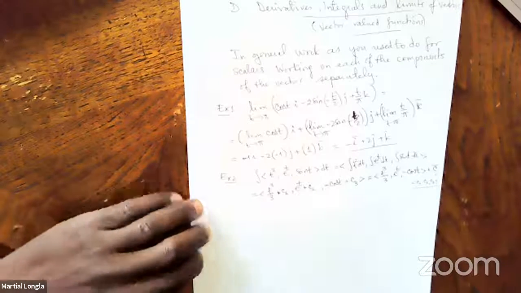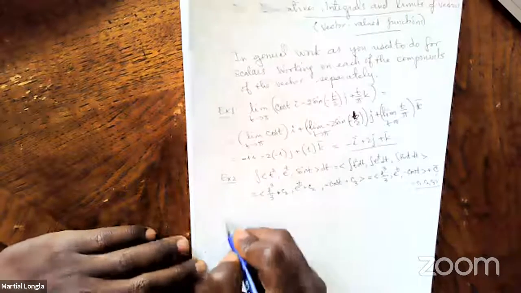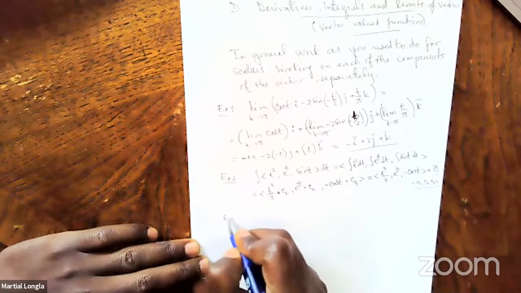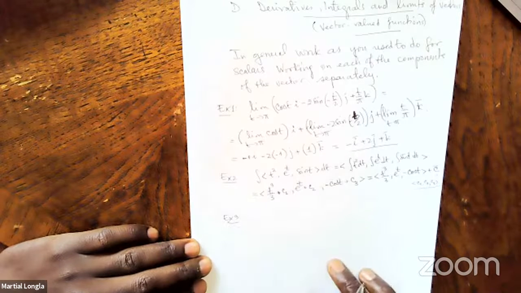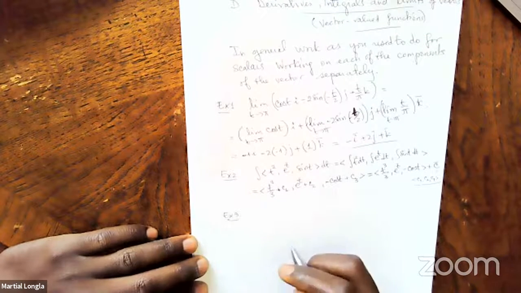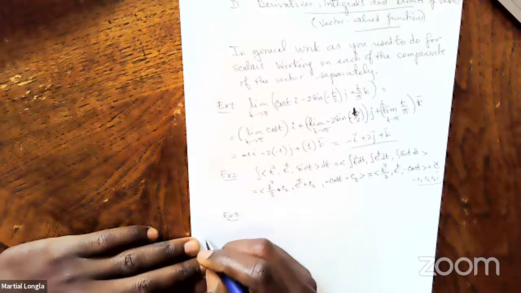So your constant of integration is the vector c1, c2, c3. And that's how you work it out in general too in this case. This is very important for the next topics that we are going to cover, because we are going to work with vectors, integrate them, take derivatives, and do all of those crazy things that we do with them.